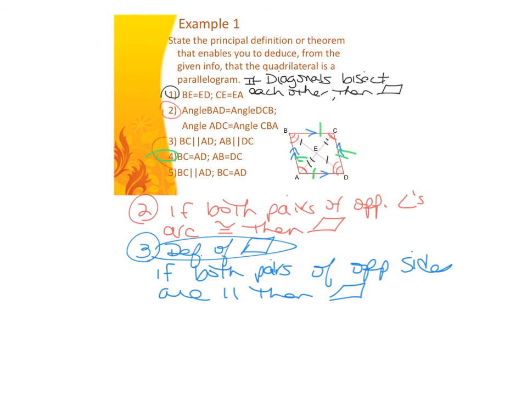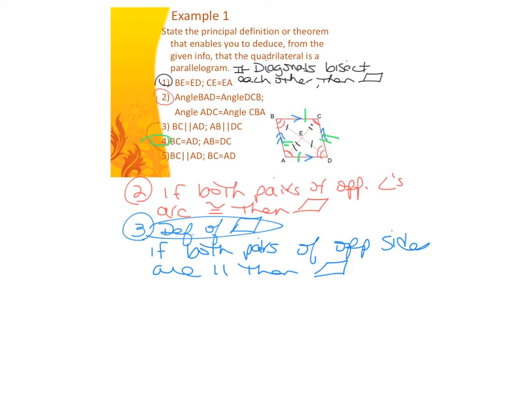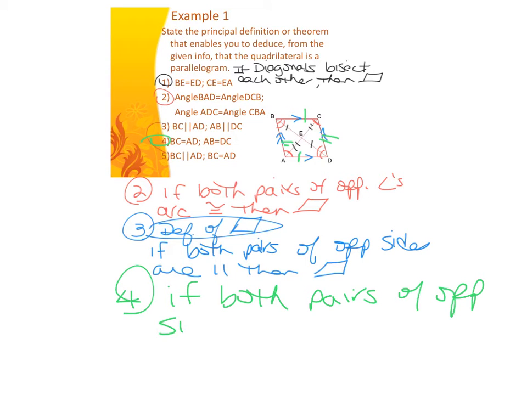Good. Okay, so for number 4, if both pairs of opposite sides are congruent, then it's a parallelogram. Good.